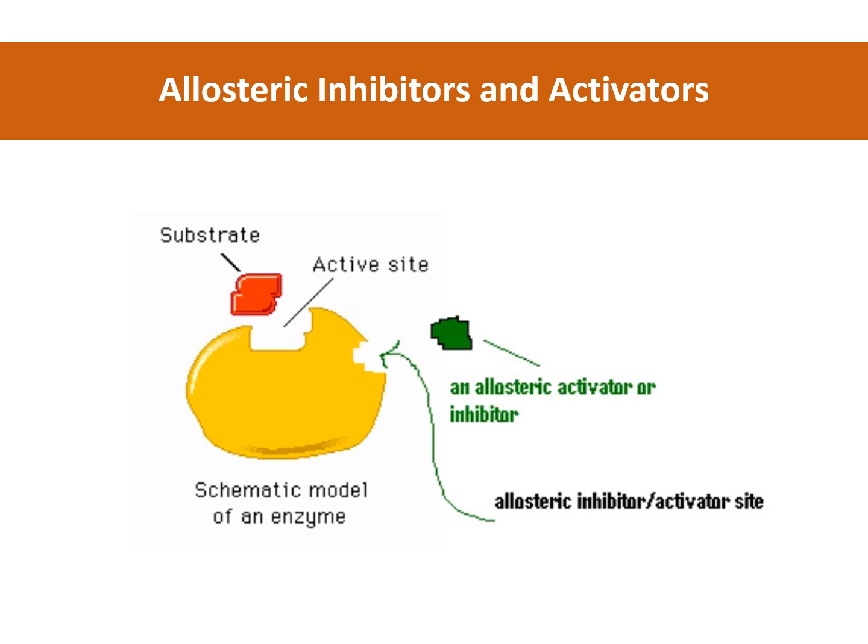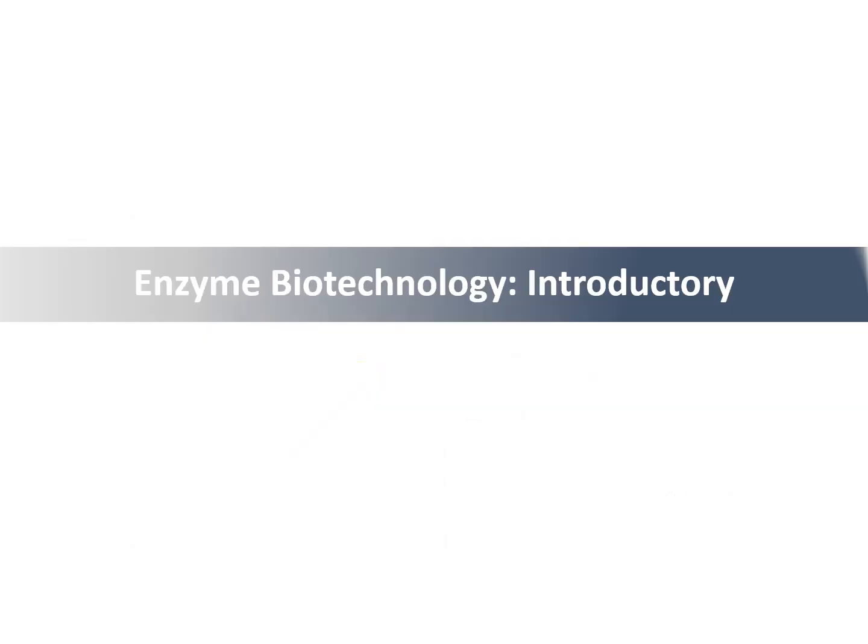All right, so today we need to deal with enzyme biotechnology. Moving on. Okay, so what is biotechnology? What do you understand biotechnology to be? Go to a dictionary and you will find the term biotechnology explained.